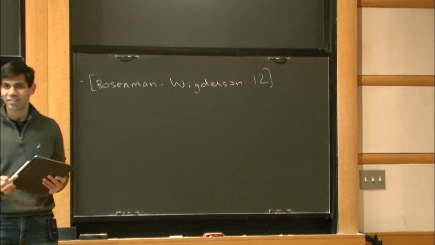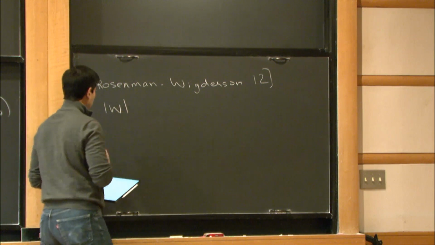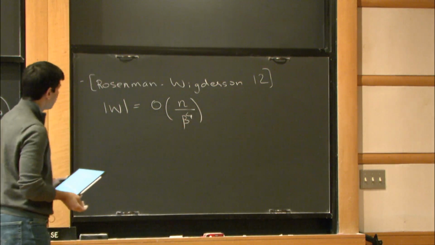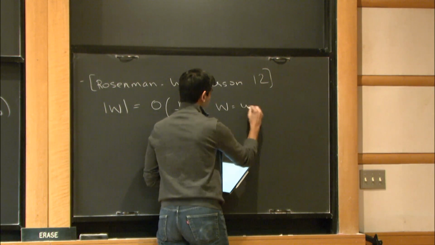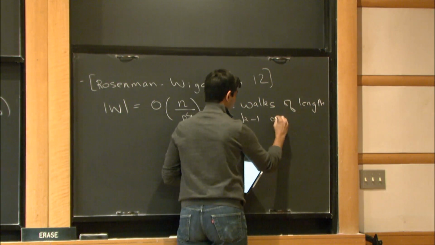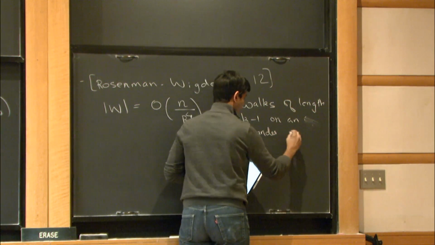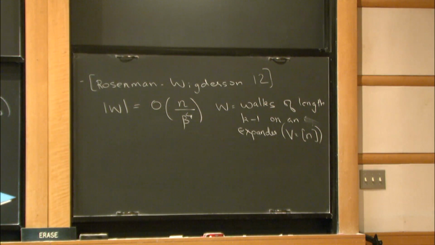I'm not sure what the correct year is, roughly. They give a construction which is of size n over beta to the 4, and the collection W is obtained by looking at walks of length k minus 1 on an expander on the set of bits of Z. And this has the property of being 0.1 beta amplifying. Is that correct? Yeah, it's 0.1 beta amplifying.